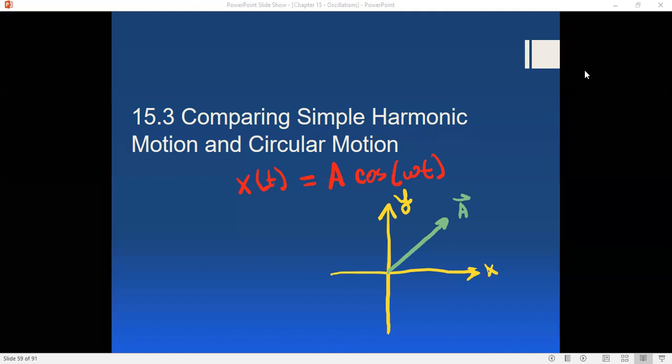If I want the x component, A_x is equal to A cosine theta, and that'll give me the x component.